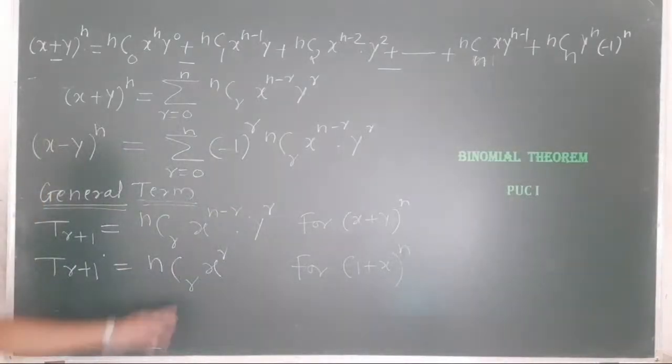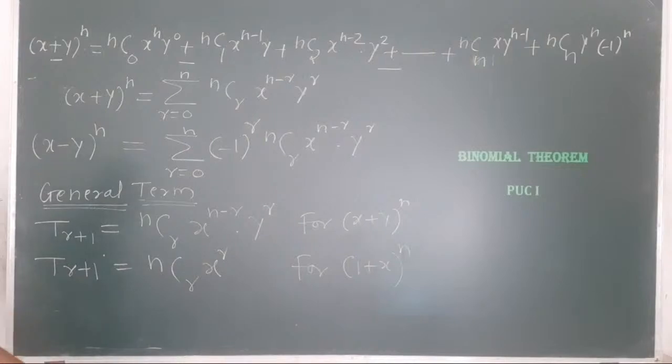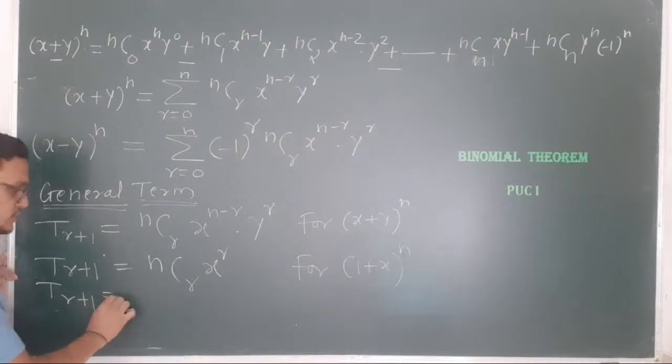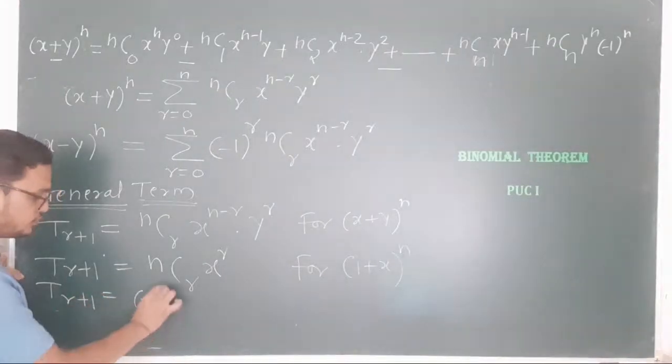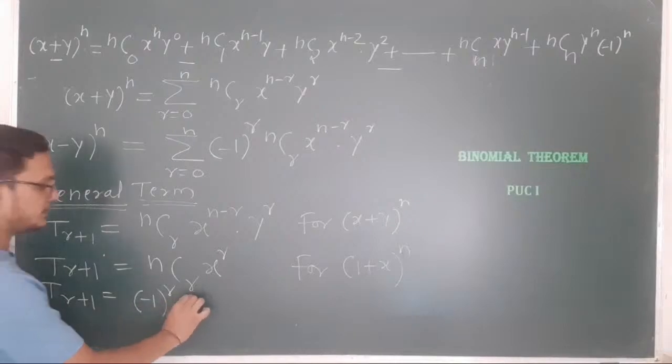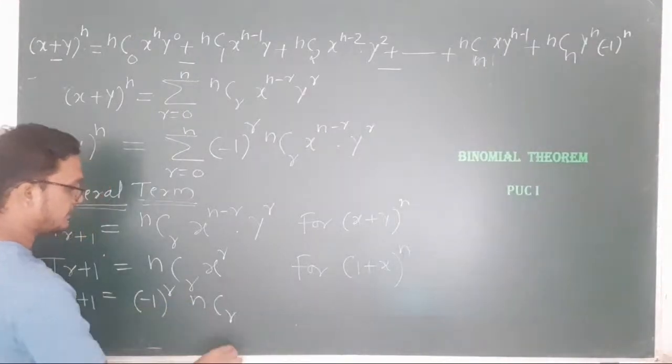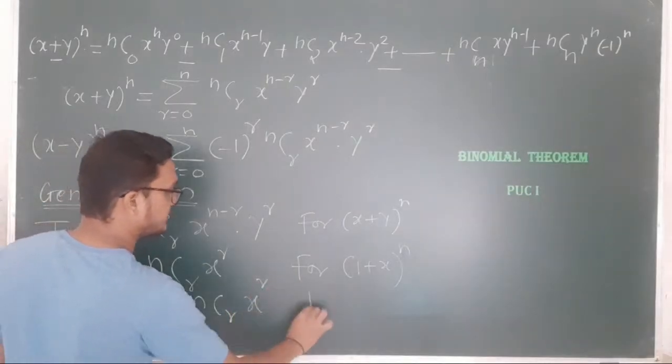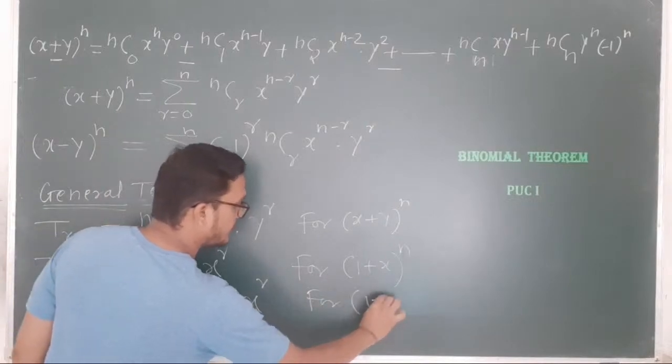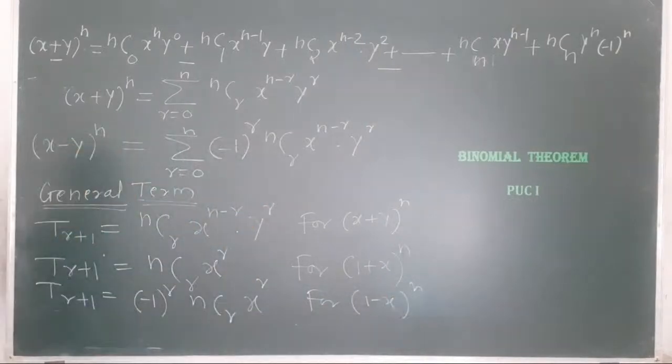One more is there: T(r plus 1) is equal to (minus 1) to the power r into nCr into x to the power r. This is for (1 minus x) to the power n.